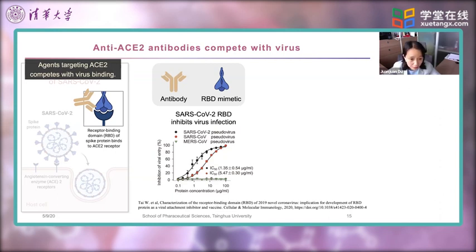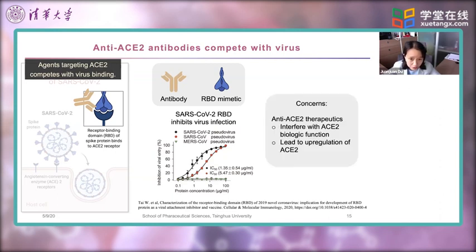However, this strategy has some concerns, because anti-ACE2 therapeutics have been shown to potentially interfere with ACE2's biological function, or may lead to upregulation of ACE2, which may not be a good thing. So when we're developing this kind of therapeutics, we have to keep these concerns in mind. All right.